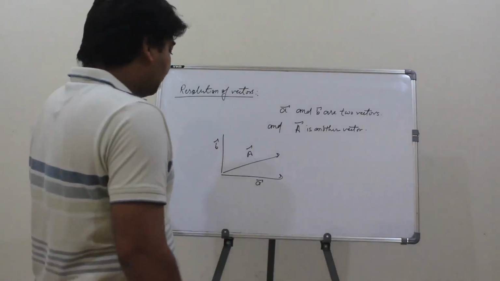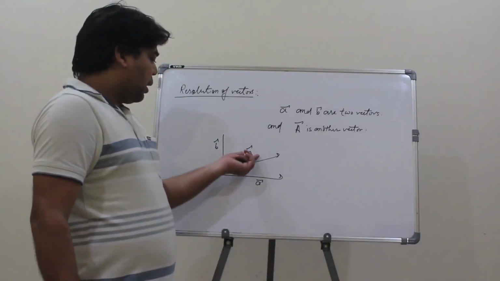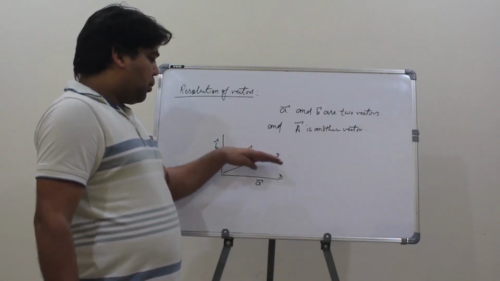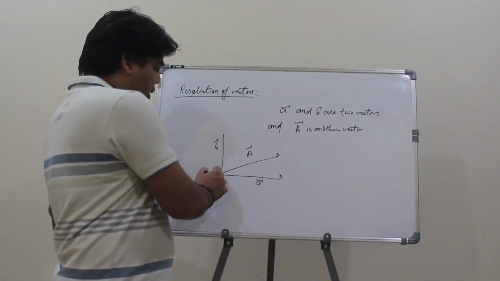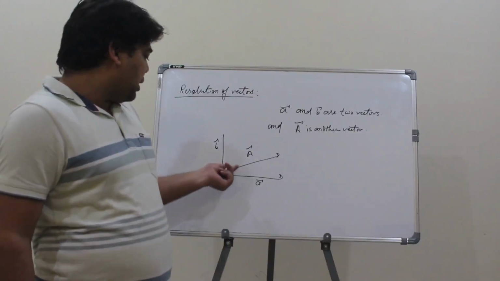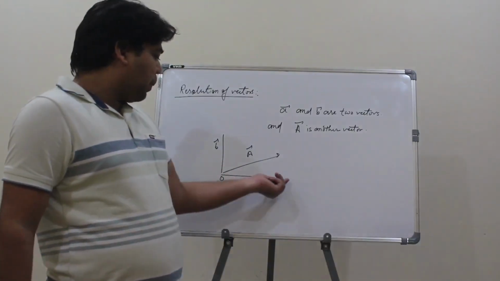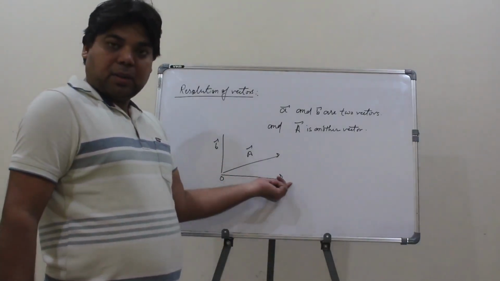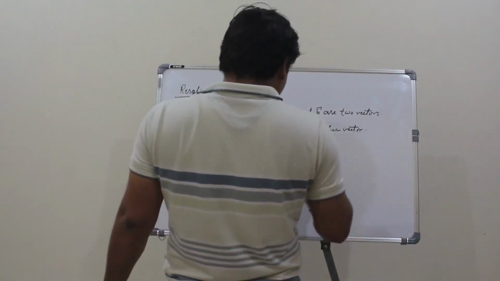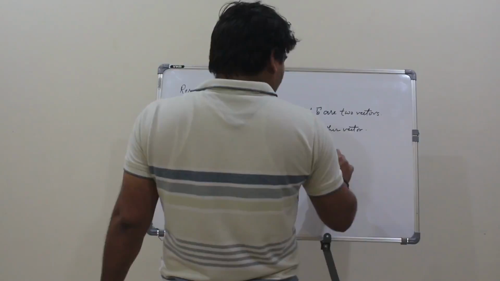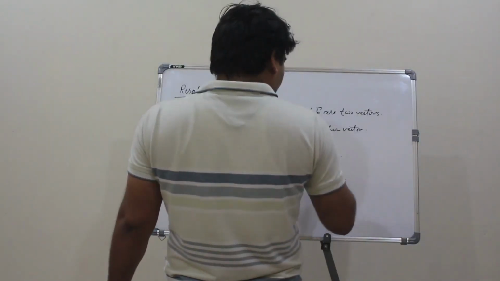So how will you write it? First you will draw, starting from the origin point, a line which is parallel to vector a, right? And you will call it lambda times a.